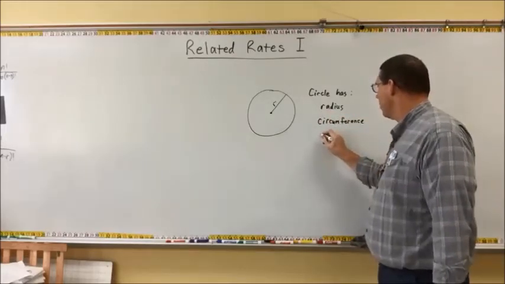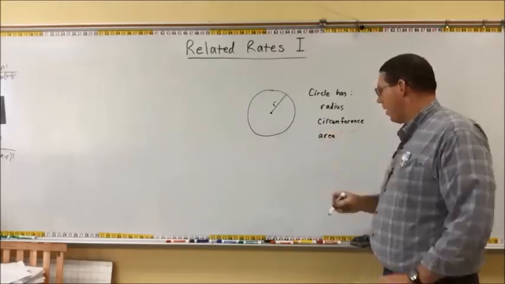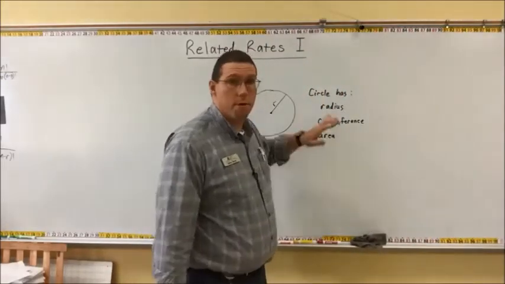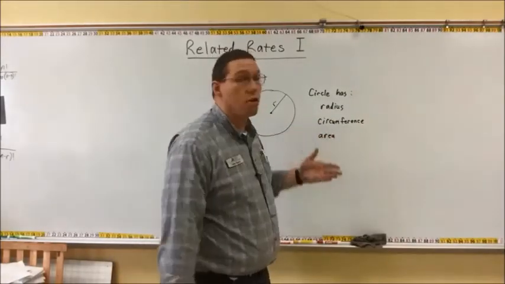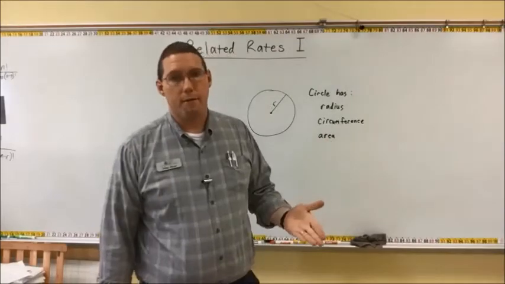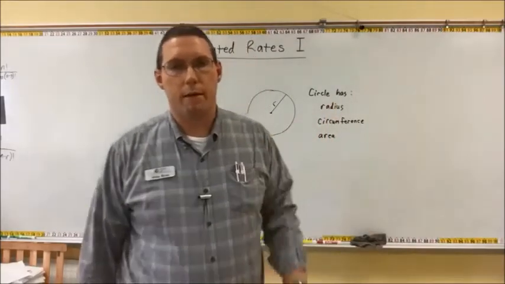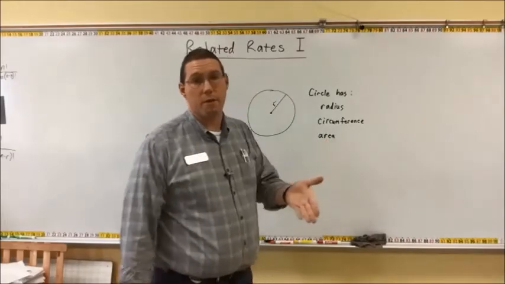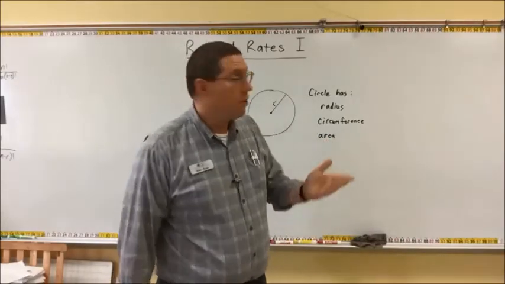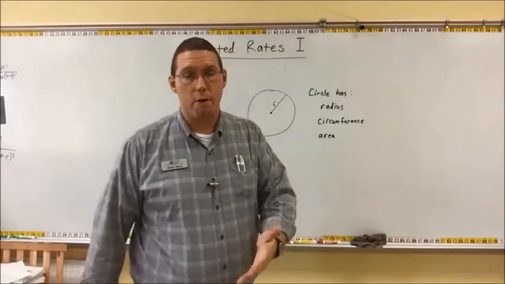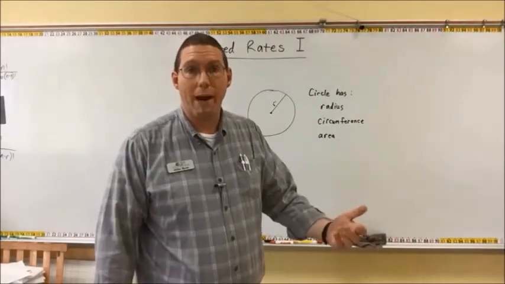And a circle has area. Now, radius is a distance, circumference is also a distance, but area is not a distance. Area is a second dimension variable, and it is a distance times a distance, like base times height. In this particular case, for a circle, it's radius times radius, because we have r squared, right?